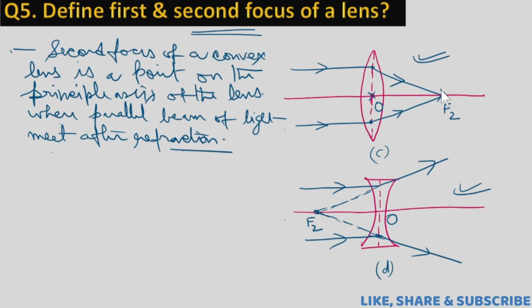This second focus also happens to be the principal focus or the focus of the convex lens.